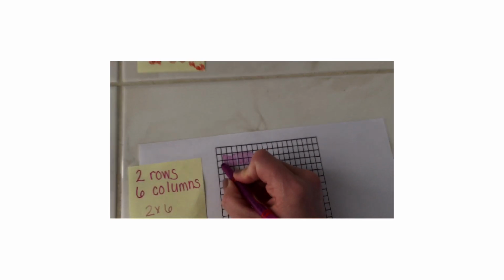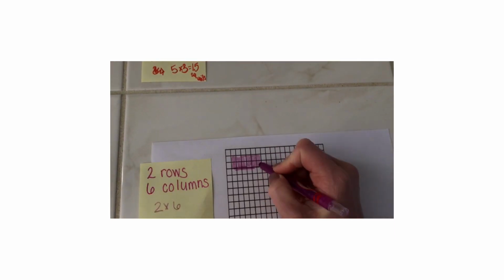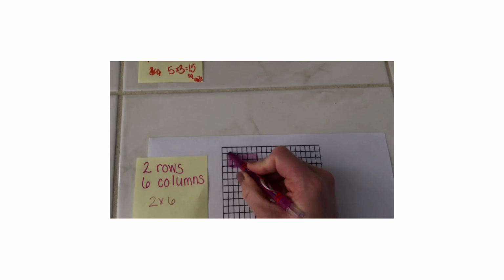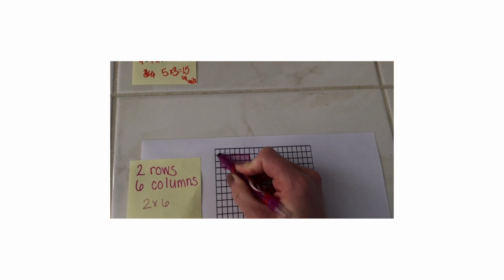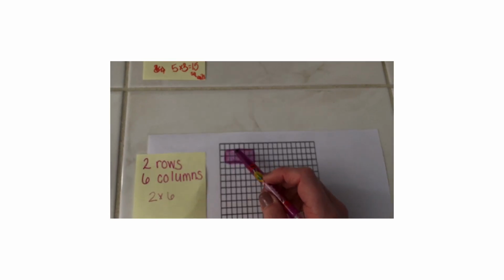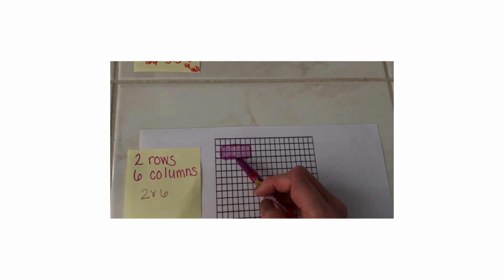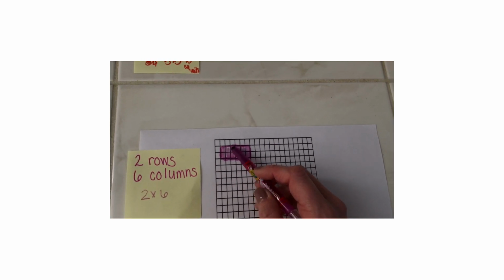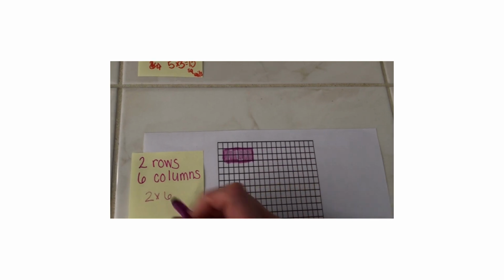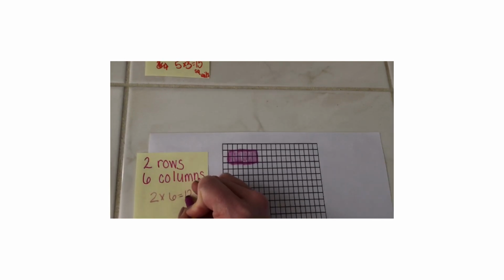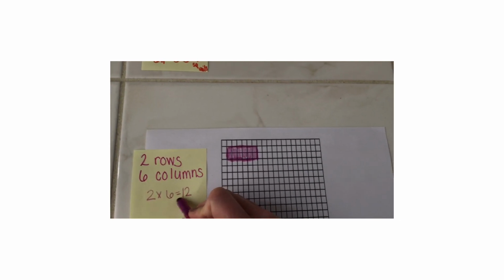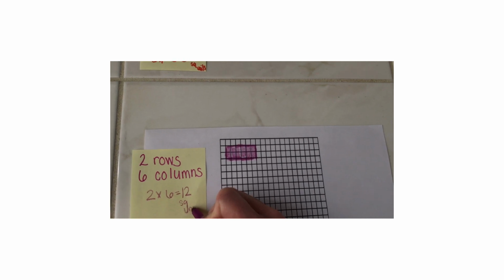Just going to outline it to make it a little easier to see. There's my rectangle. Now if I count all the squares inside, how many do we have? That's right, 12. 2, 4, 6, 8, 10, 12. Our answer is 12 square units.